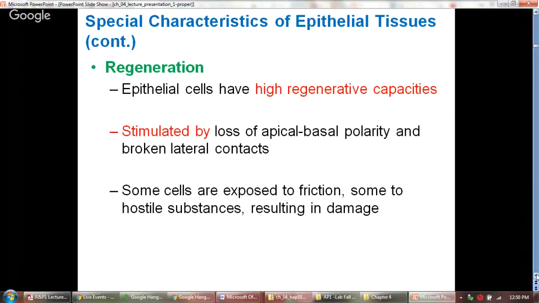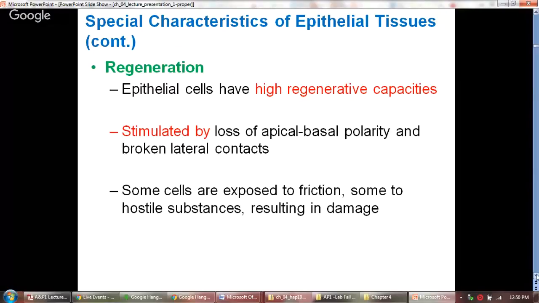The next important feature would be the regeneration capacity, because epithelial cells have a high regeneration capacity, and it is stimulated by the loss of apical-basal polarity and broken lateral contact. So for instance, if you have a wound or a scratch, the top layers would be taken off due to the injury, and then the lower epithelial cells would be able to divide and repair the wound area, so that it does have regeneration ability.